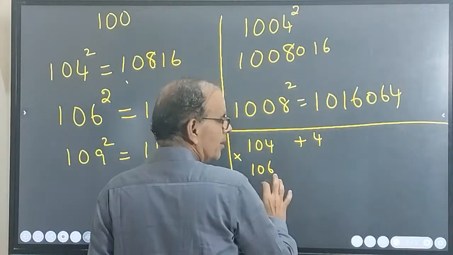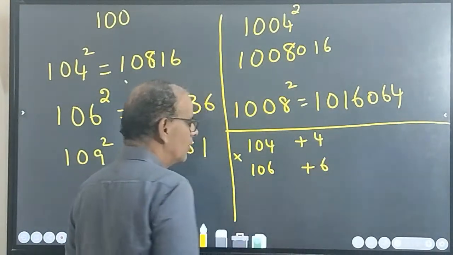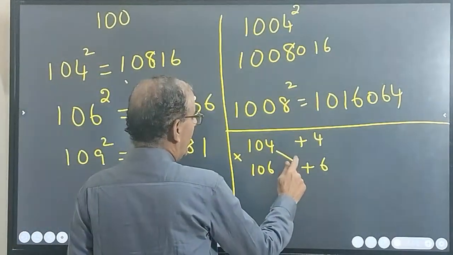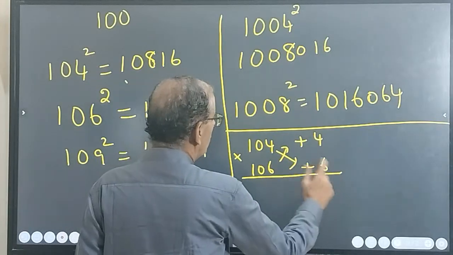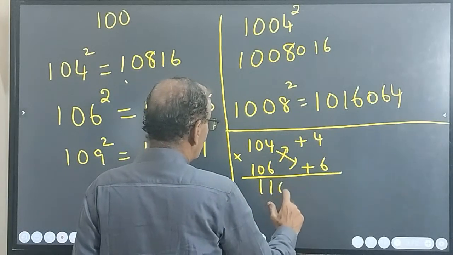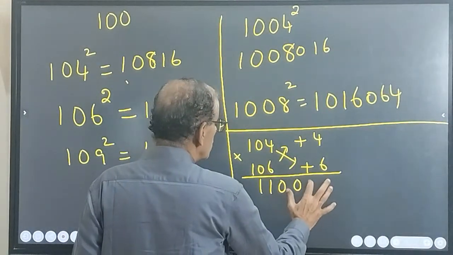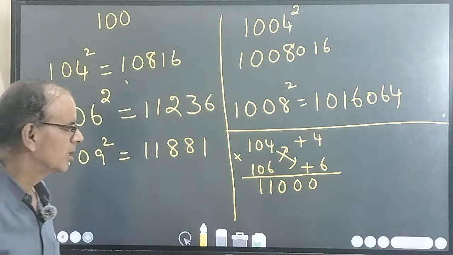Plus 4 more. This is how much more? Plus 6 more. You write like this. You add this or you add this, both will give 110 only. Then you add 2 zeros because 100 consists of 2 digits.